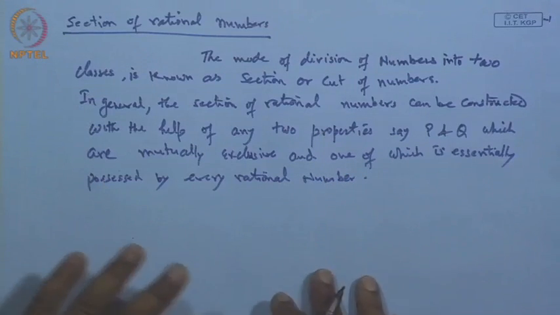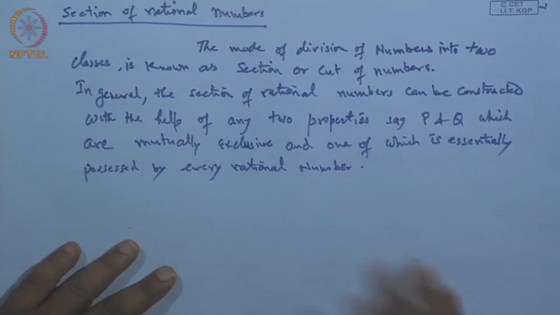The meaning of this is, suppose we have a set of rational numbers, a collection of rational numbers. I introduce two properties on it. One is P, another one is Q. So, suppose P is the property set of all rational numbers which are less than or equal to say 2, and Q is the property set of all rational numbers which are greater than 2. So, what happens, the entire set of rational numbers can be divided into two classes now.